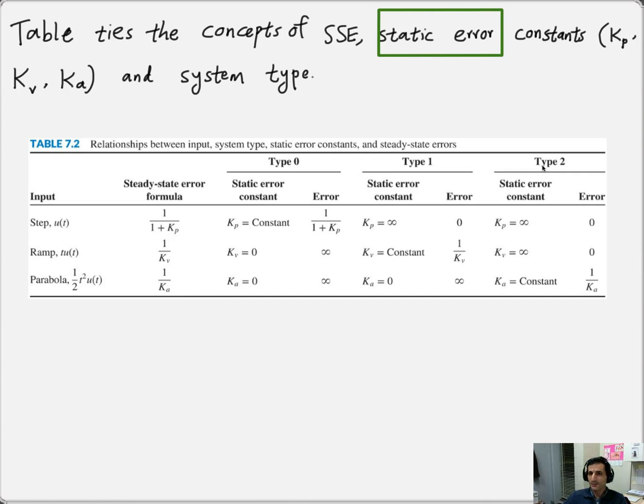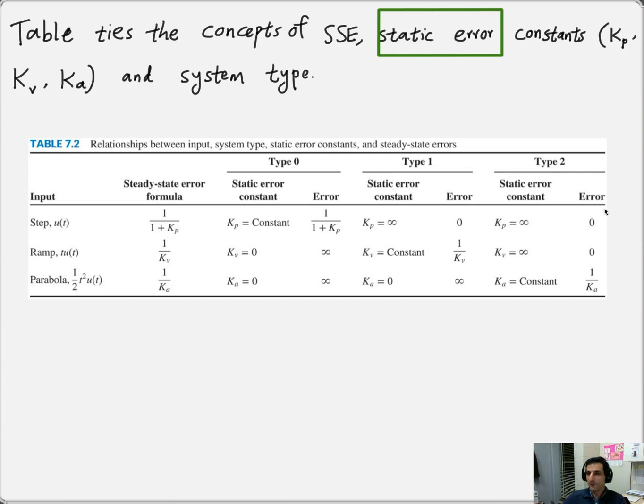But now if your system is type 2, meaning that you have a double integrator in the forward path, or simply in your G of S, the open loop system transfer function, your Ka is going to be a constant number, and your error is going to be 1/Ka, which means it's a constant number.